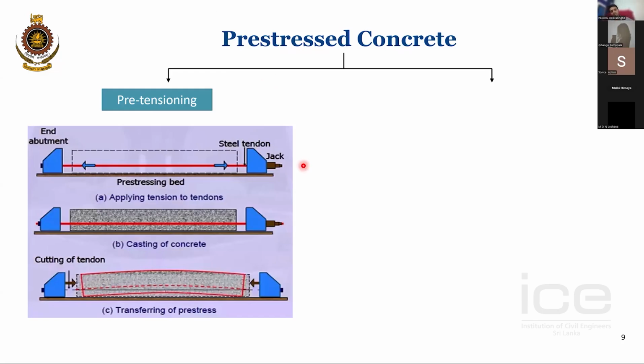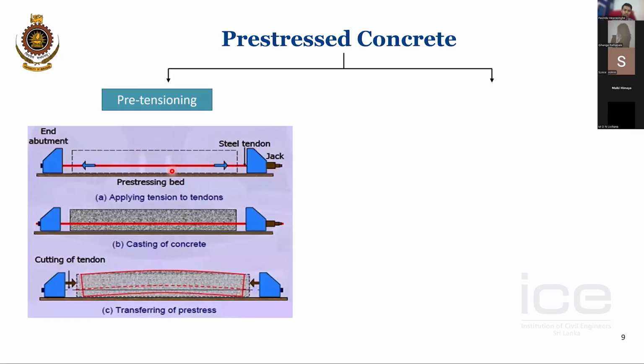Now pre-stressed concrete, as I mentioned, has mainly two ways of applying this pre-stress force. One is using these end abutments. We can fix a steel wire or a tendon and then jack it from one end and apply this pre-stress force to this tendon.